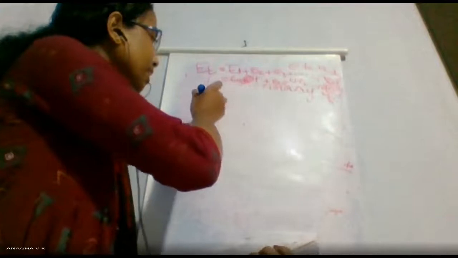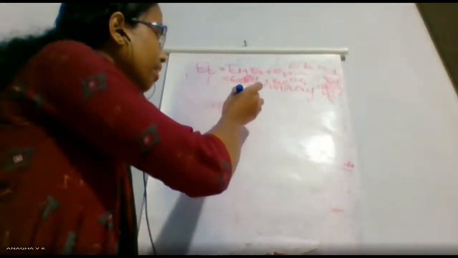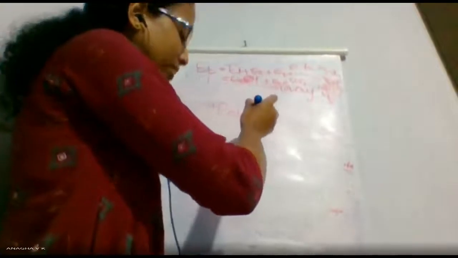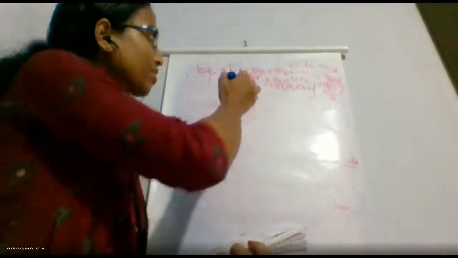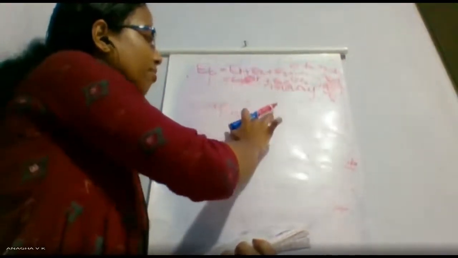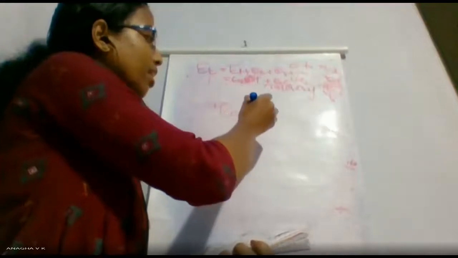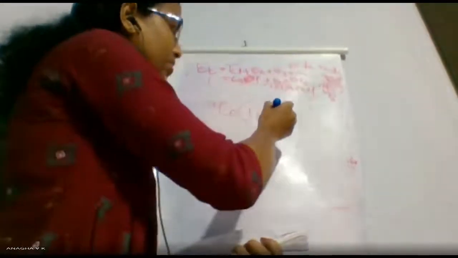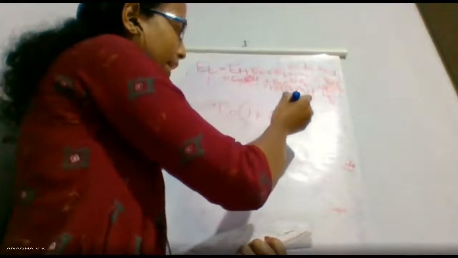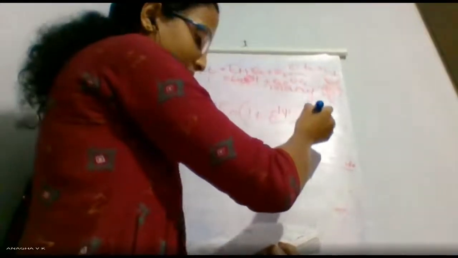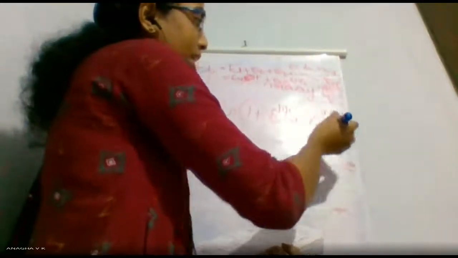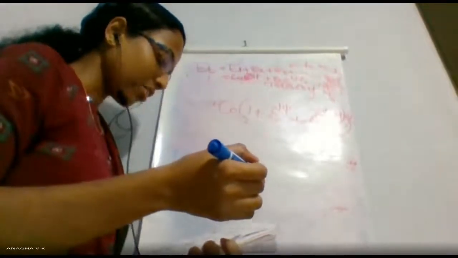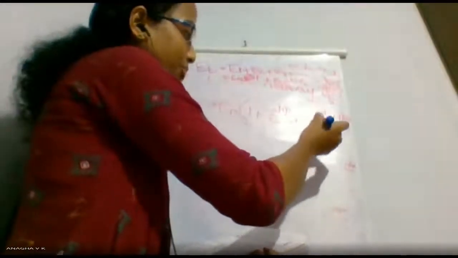E naught is common. So e raised to 0j psi means e raised to 0, which is 1. So 1 plus e raised to j psi, plus and so on, plus e raised to j (n minus 1) psi. So this is the first equation.